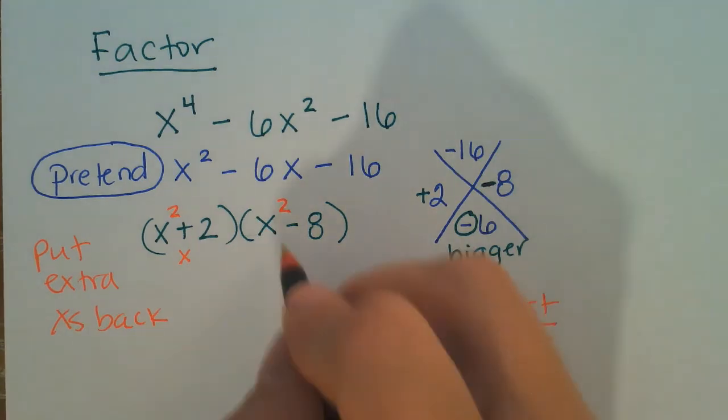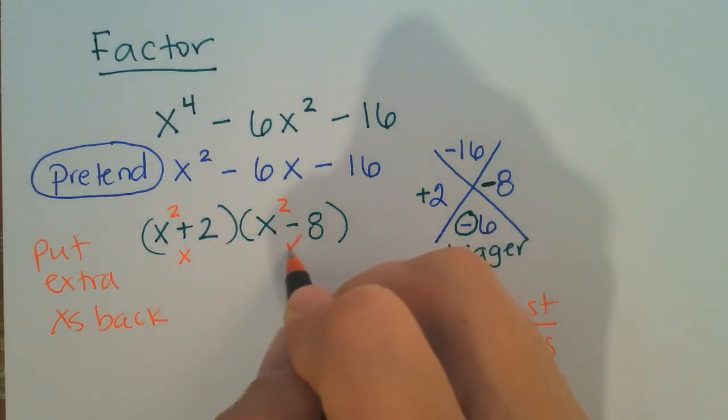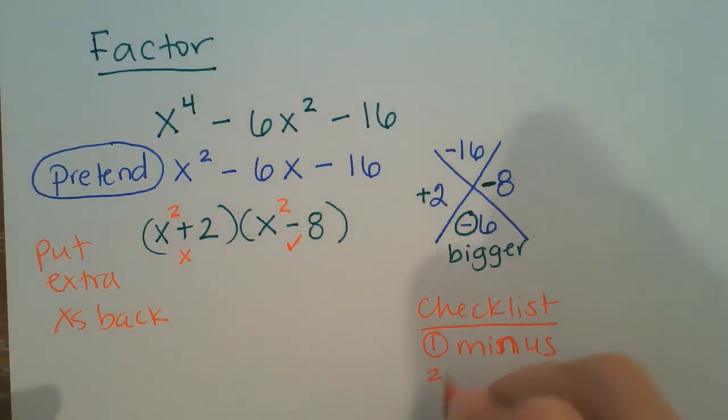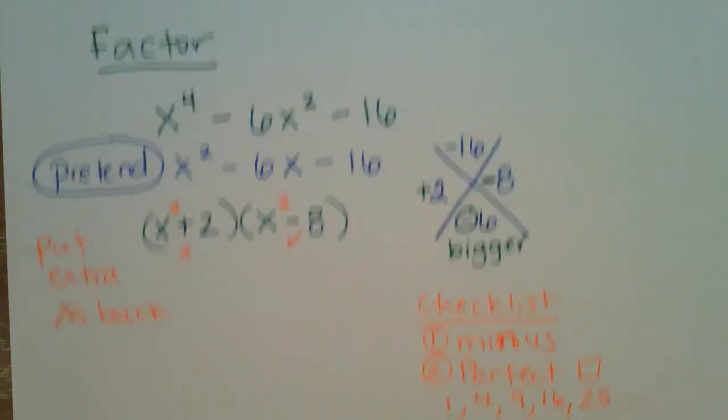And then over here, I see that I do have a minus sign, but then the second thing that has to check off on my list is the number after that minus sign is a perfect square, like 1, 4, 9, 16, 25, that special set of numbers we've been discussing.